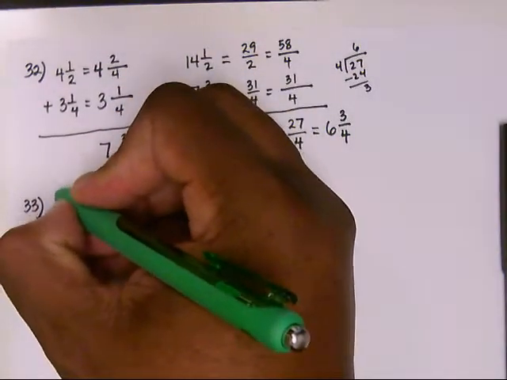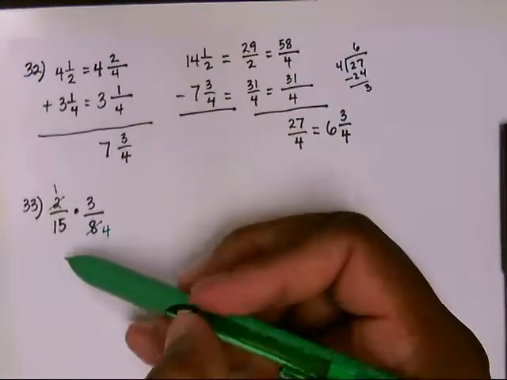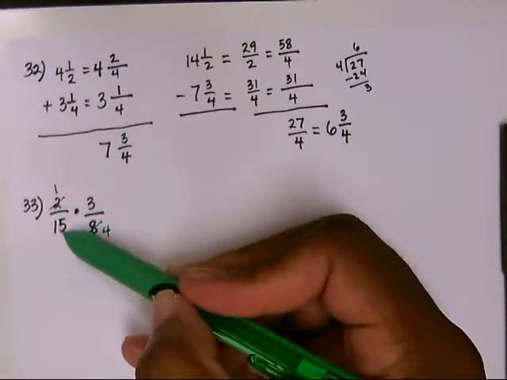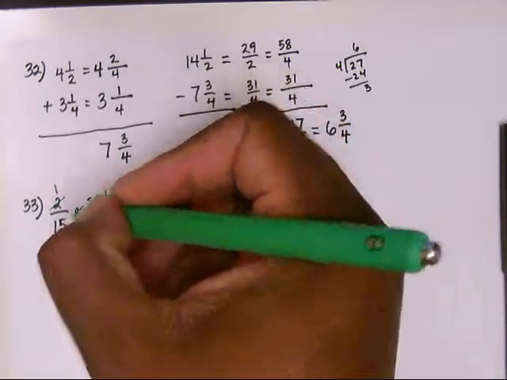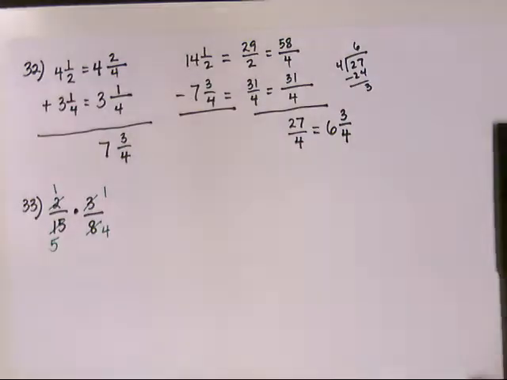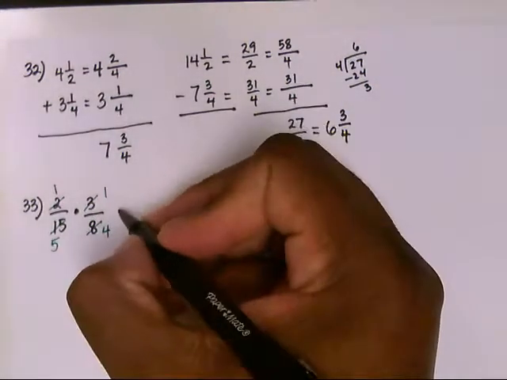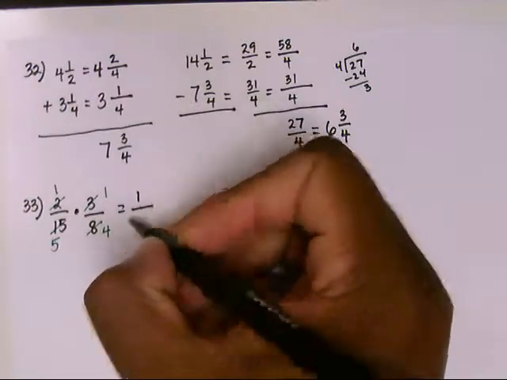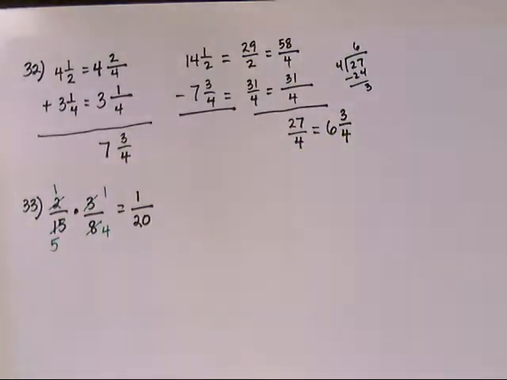So if I divide 2 into itself, that's going to go 1 time, and 2 goes into 8 4 times. 3 and 15 are multiples of 3. Divide 3 into itself, that goes 1 time. Divide 3 into 15, that's going to go 5 times. So in this case here, if I multiply the 1 times the 1, I'll get 1 over 5 times 4, 20. So it'll be 1 over 20.